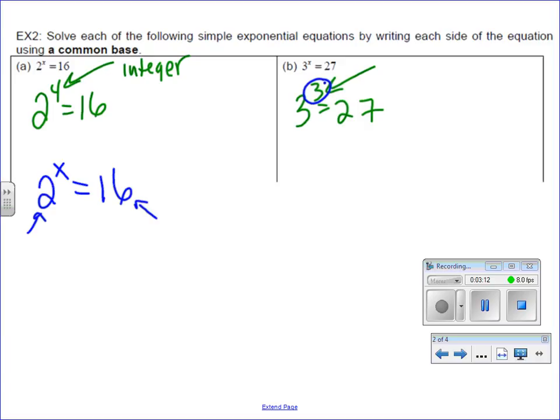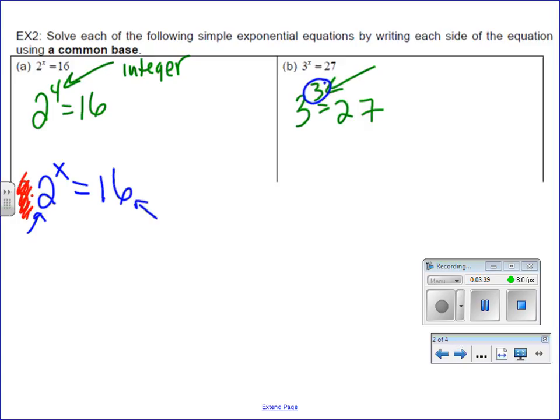Whenever we write common bases, what we're really doing is we can't make a small number bigger. We can only make a big number rewritten as a smaller number to some power. So I can't make the 2 into 16. This is a common misconception. A lot of people want to say, oh, let's just multiply this by 8. That doesn't work because the 2 has an exponent.